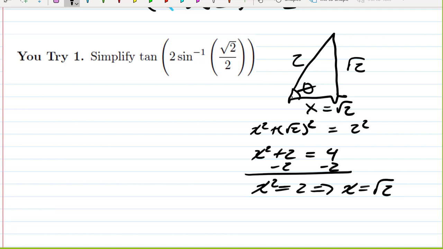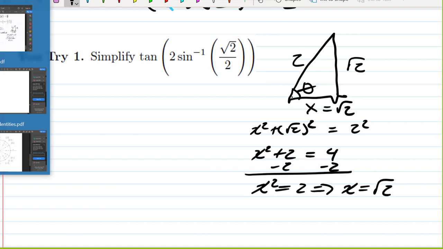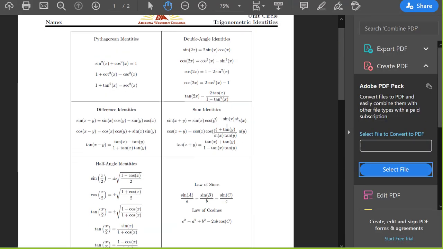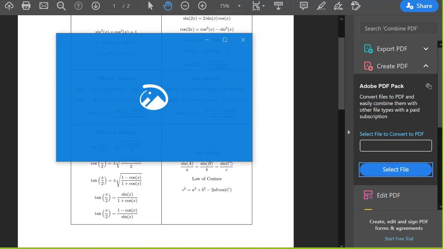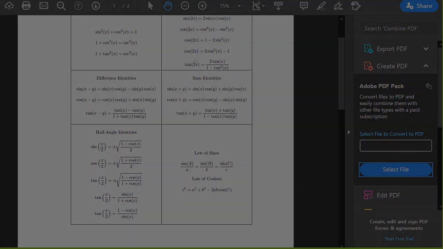So then we have a square root of 2, square root of 2, 2 triangle. And we go look on our identity sheet for our tangent double angle identity, which is going to be this guy right here.